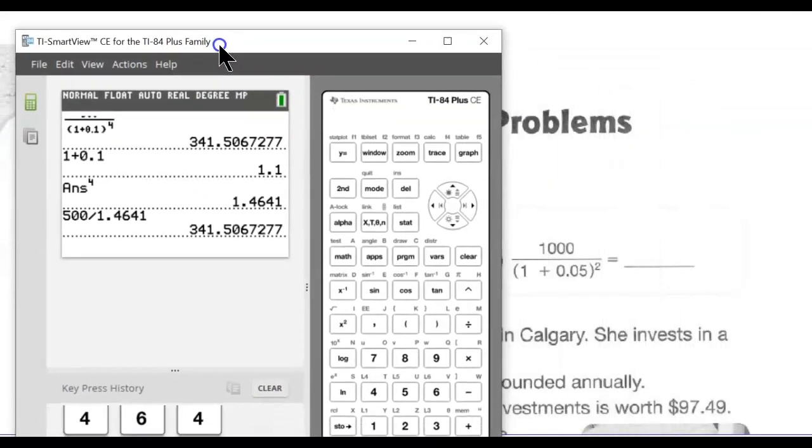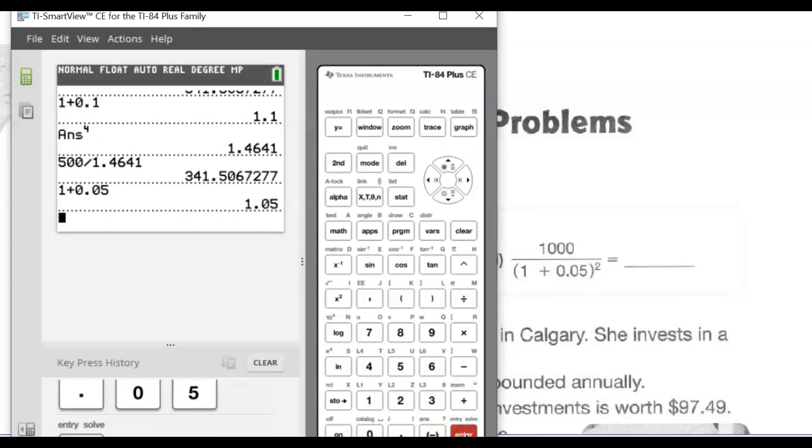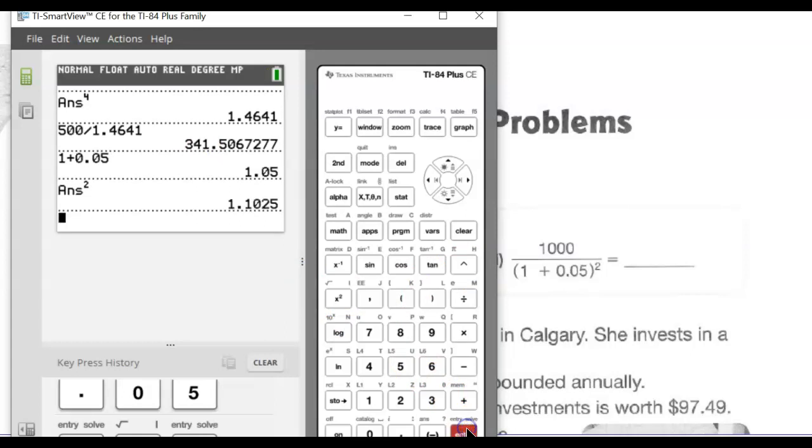Okay, now we'll do it for the other question, 1,000. Oh, sorry, let's do it the long way. So let's do the inside the brackets, 1 plus 0.05, which you might be able to do in your head. It's 1.05. Then square it. So you can use the exponent key. Some calculators will just have a squared key, so we can square that.